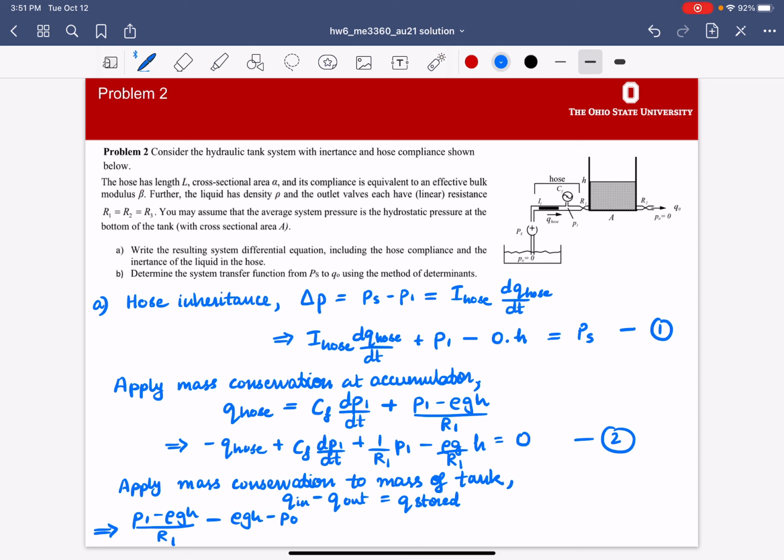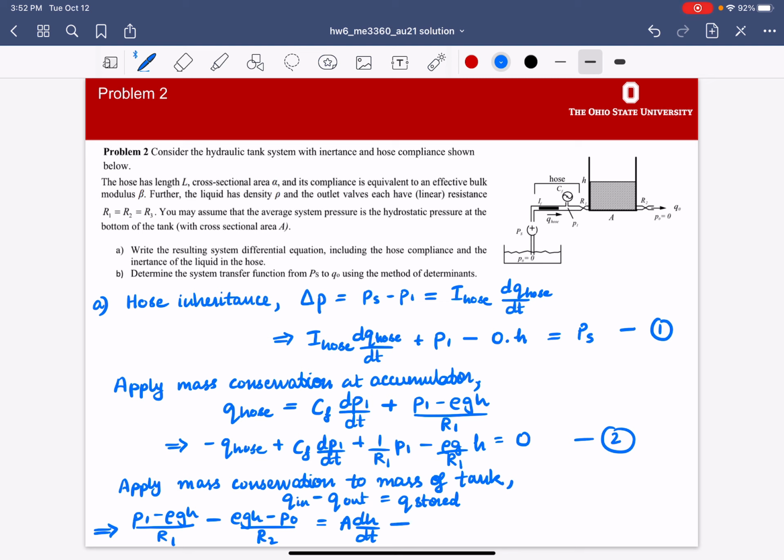The pressure that's outside, which actually turns out to be 0. So that term actually drops out later on. And this would be equal to the volume of water that's being stored inside the tank. And that can be given by the cross-sectional area of the base of the tank, which is A, times the rate of change of the height of water inside it, right? So dH by dt.